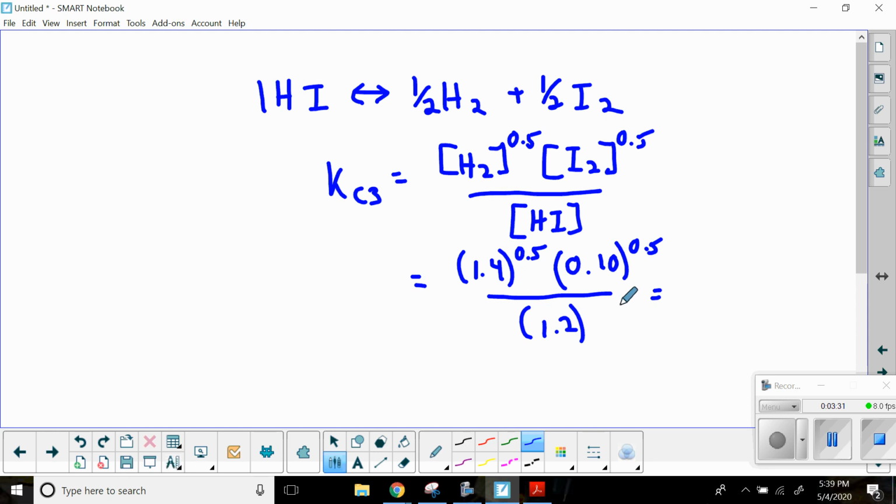And when I solve this out, I obtain a value of 0.31. Again, no units. So if I take the square root of 0.1, which is what I got on the previous slide here, I will find that is going to be 0.31.